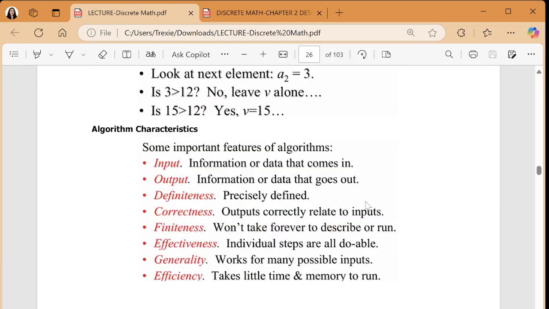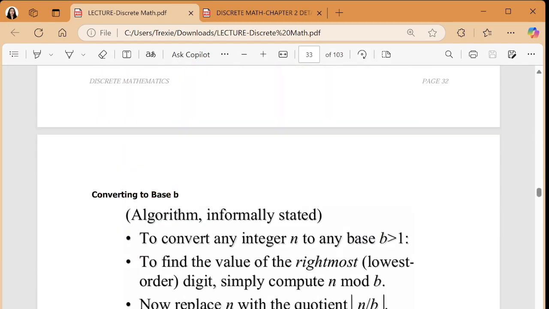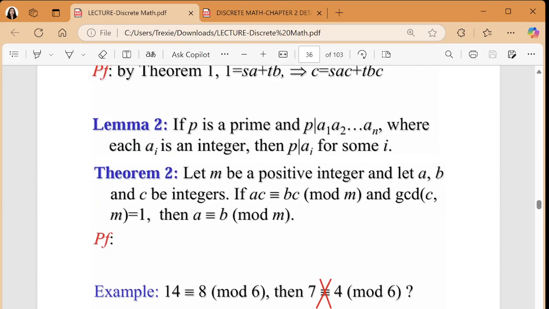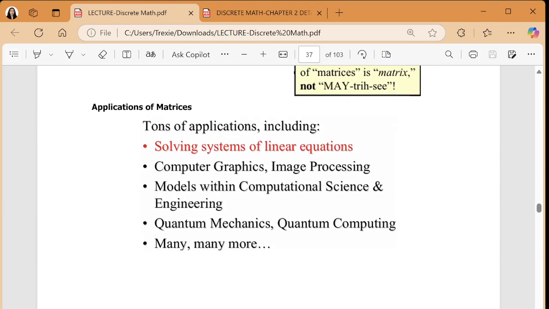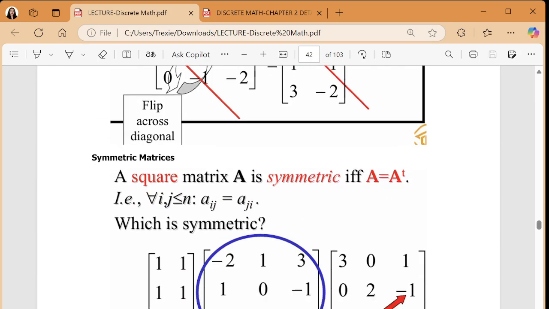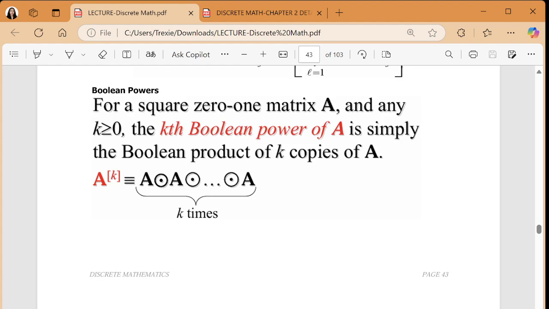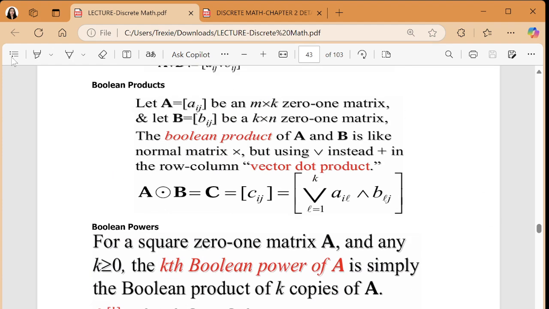While page 26 up until page 30-something, until page 43, I will just discuss this when we meet again in our F2F lecture.